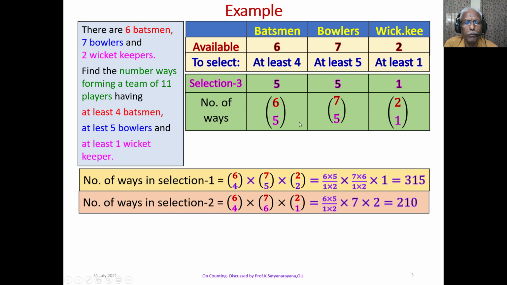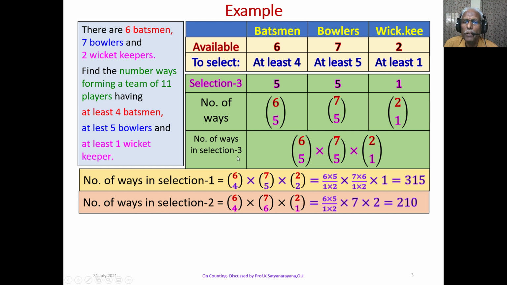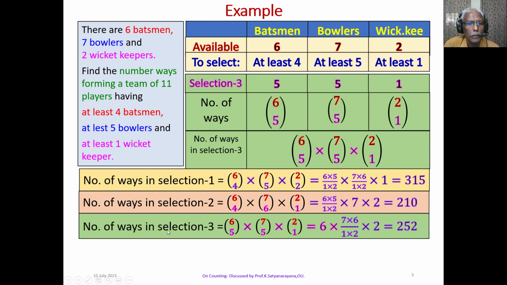The total number of ways in the selection process of 3 will be, by product rule of counting, 6C5 multiplied by 7C5 multiplied by 2C1. We'll compute that. 6C5 is 6C1, which is 6, 7C5 is 7C2, 7 into 6 by 1 into 2, 2C1 is 2, multiply, simplify, you get 252.